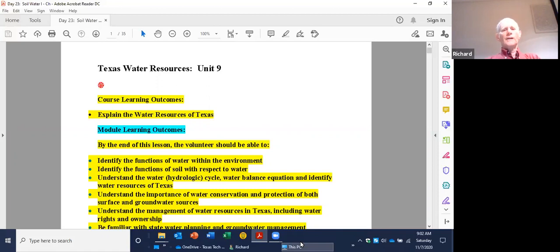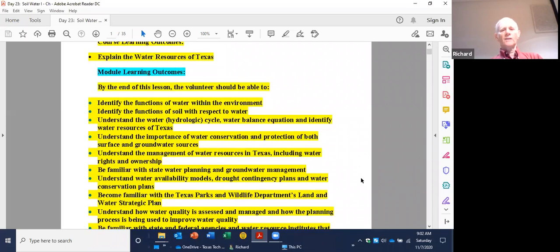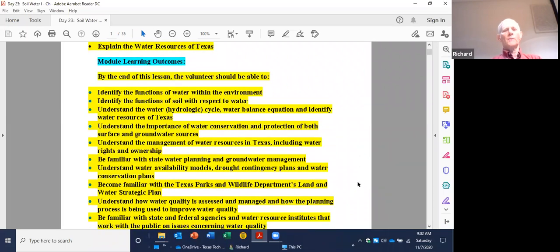The course learning outcome for this particular module is to explain water resources of Texas. By the end of this lesson, the volunteers should be able to identify the functions of water within the environment, identify the functions of soil with respect to water, understand the water hydrologic cycle, the water balance equation, and identify water resources of Texas.